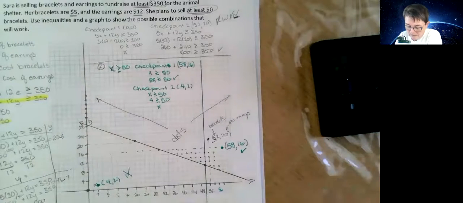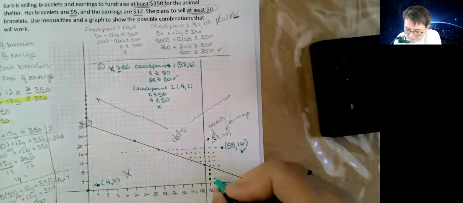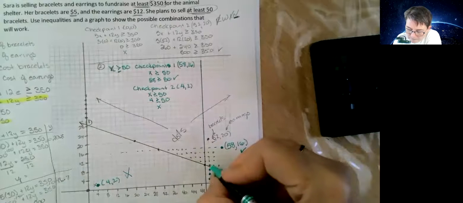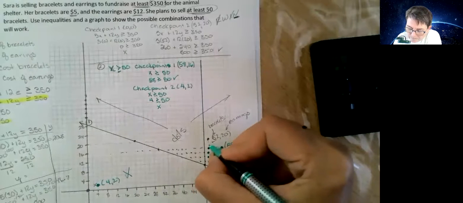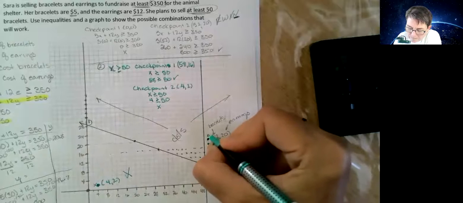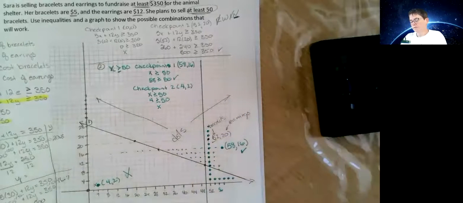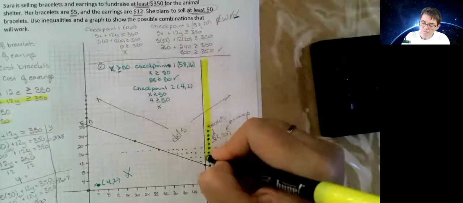So that means my feasible region is the one I'm about to highlight in yellow.